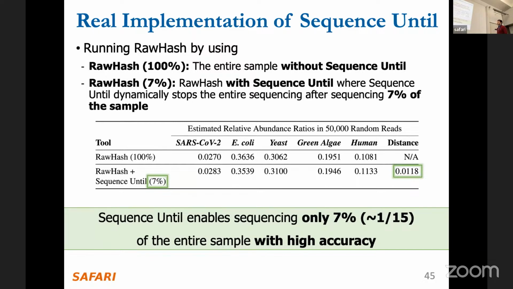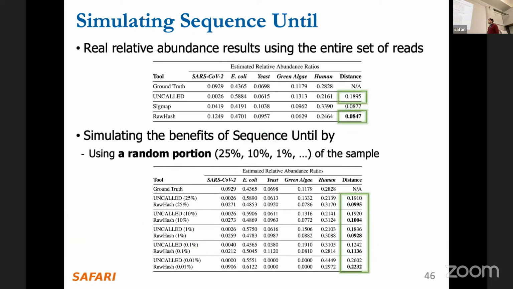What we see is that sequence sampling stops sequencing after sequencing around 7% of the entire sample dynamically, and it can still provide a relative estimation that is very close to the estimation that RawHash makes by using the entire data set. So here we have the use of 100% versus 7%. This correlates to a 15x reduction in the sequencing time and cost, while it can still achieve almost identical results to what RawHash generates with the entire data set.